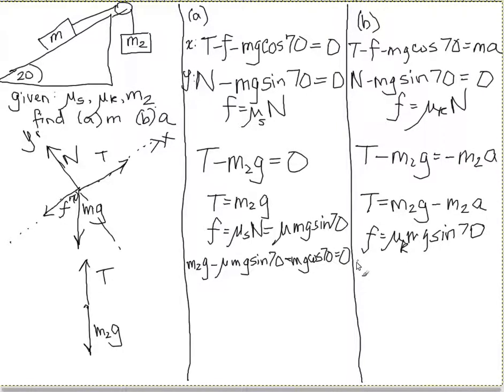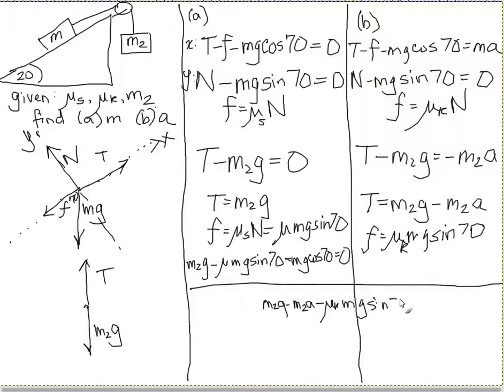And so I put that all together, and I get something that's probably too big to fit on this line. Let's make myself some room here. So I'm going to say tension, which is m2g minus m2a, minus friction, which is mu sub k mg sine 70, minus mg cosine 70 is equal to ma.